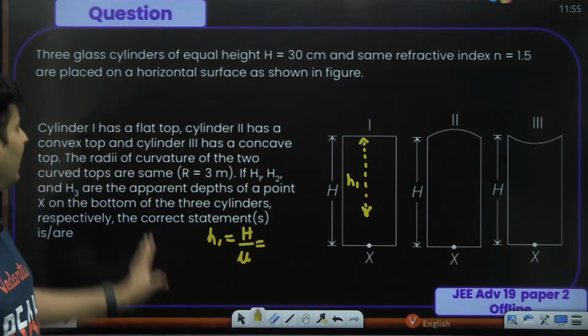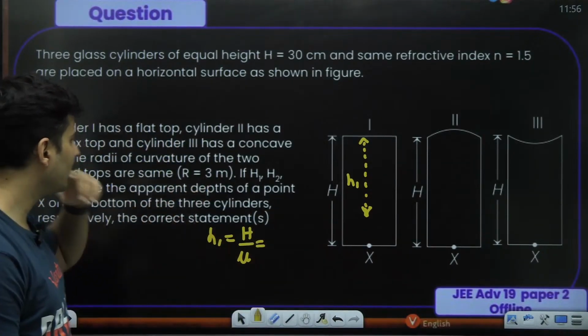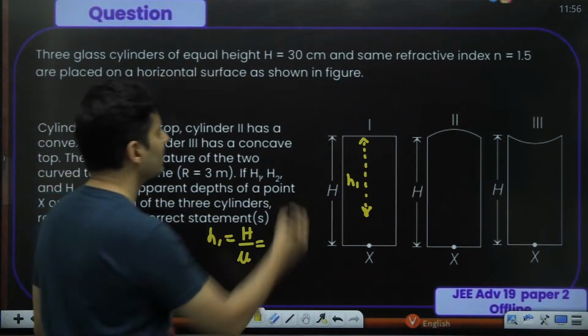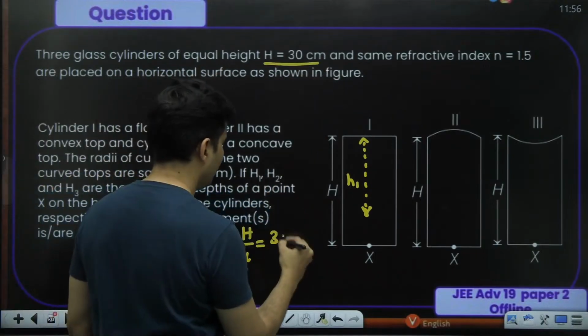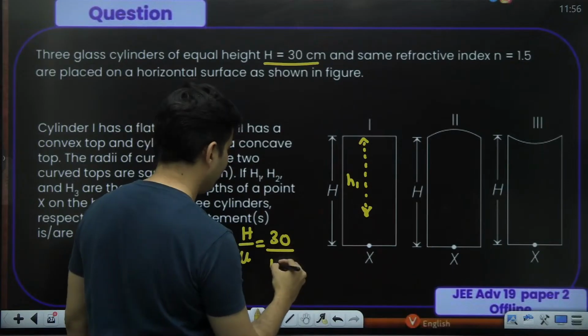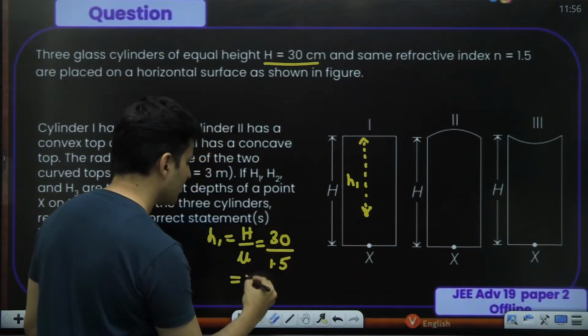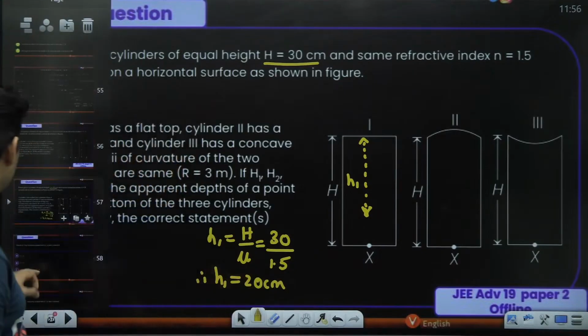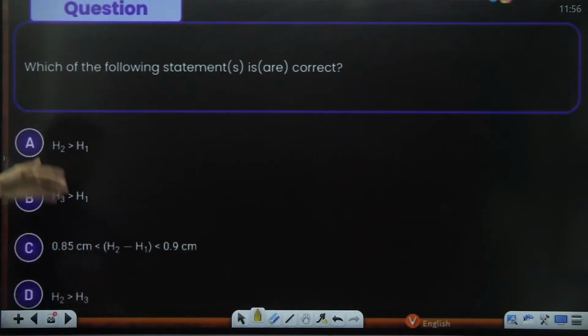Directly you can say for a flat surface, the original height is 30 centimeters and mu is 1.5. So 30 divided by 1.5 will become 20 centimeters. So H1 is 20 centimeters.